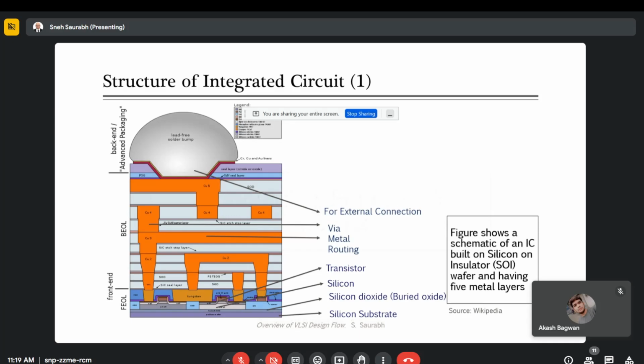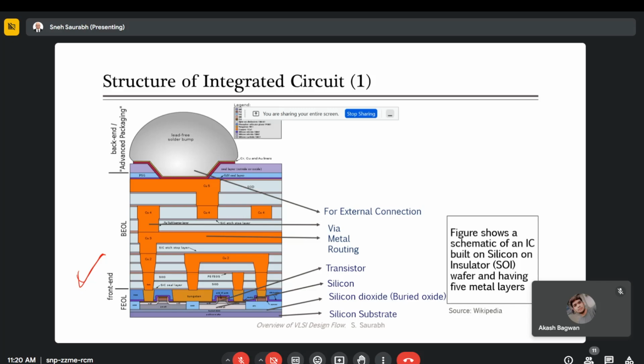So first let us look into what an integrated circuit is and how it looks. If we take any integrated circuit or any chip and take a vertical cross section, meaning that we cut it in a vertical way, then we will see this structure. So this is a vertical cross section of an integrated circuit.